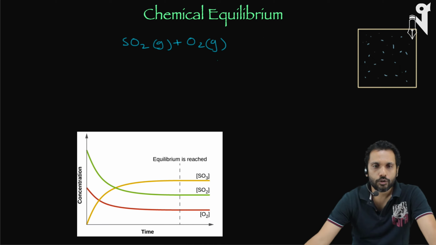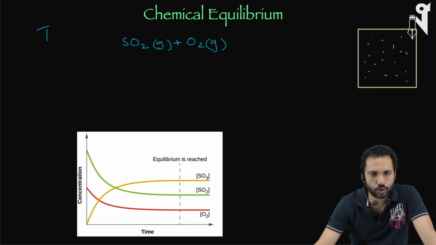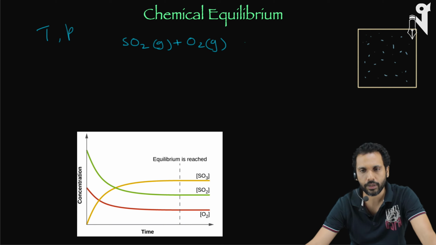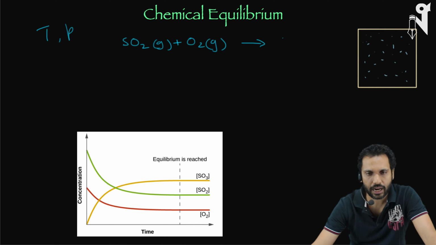Say SO2 gas and O2 gas is in a closed chamber. What is going to happen? SO2 gas, O2 gas, it's at a certain temperature and a certain pressure such that everything is gas. The product which is going to be formed, which is sulfur trioxide, SO3, is also in gaseous form.